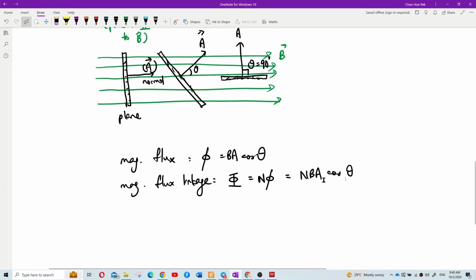Understand? Just because you have multiple turns, you have n times the flux of one turn, one area. So you have many turns of area. This is called magnetic flux linkage. This is just one flux. This one is multiple. Understand? Okay, let's call it magnetic flux linkage.